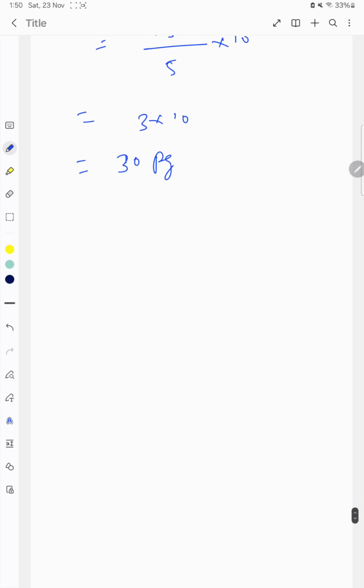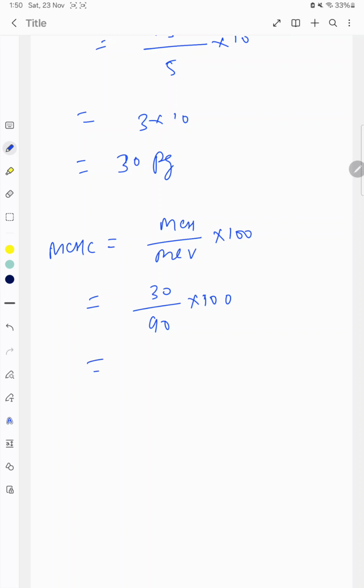And what about MCHC? MCHC is MCH divided by MCV into 100. So the MCH is 30, MCV is 90, into 100, so we get a value of 33.3 gram per deciliter.